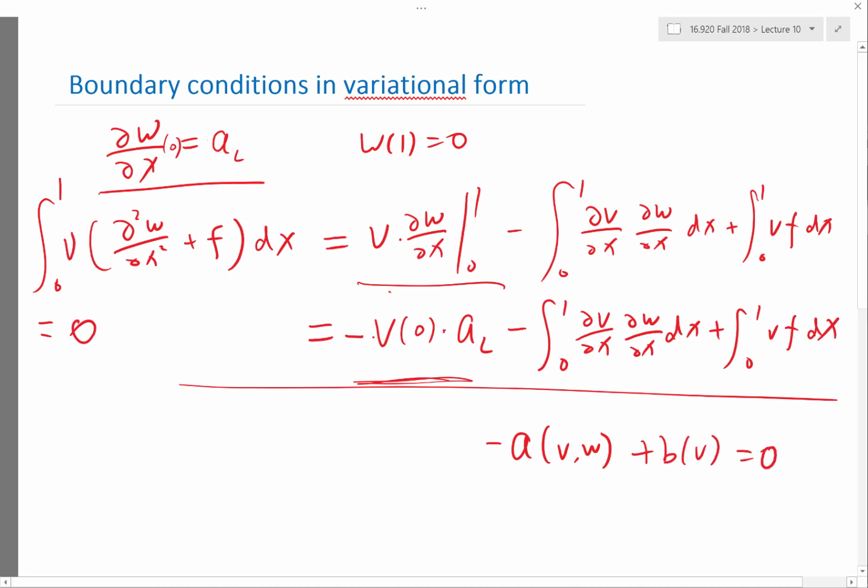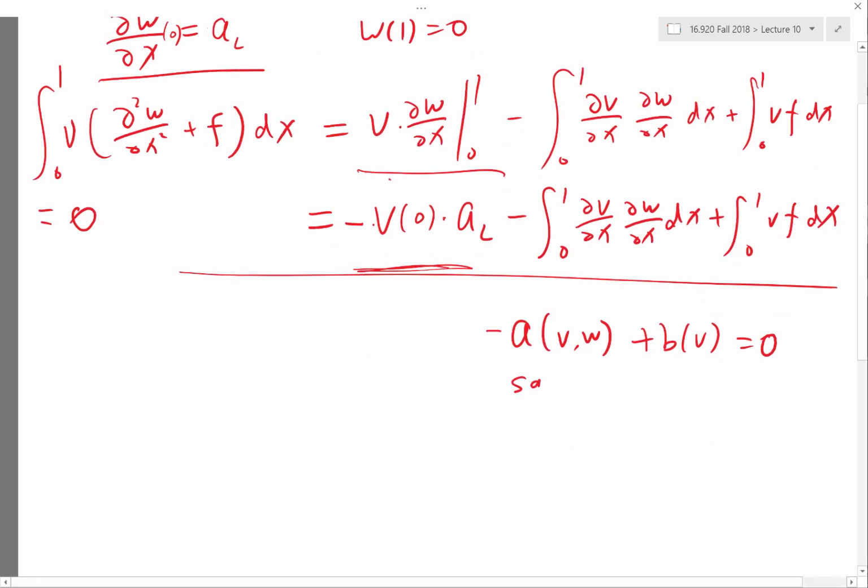So where does this additional term go? Should it go into A or should it go into B? B, why is that? Because it's not a function of W, right? It's only a function of V. So now my A is the same. My B is no longer the same B as before. It's actually the integration of V F dx minus V at 0 times A L.